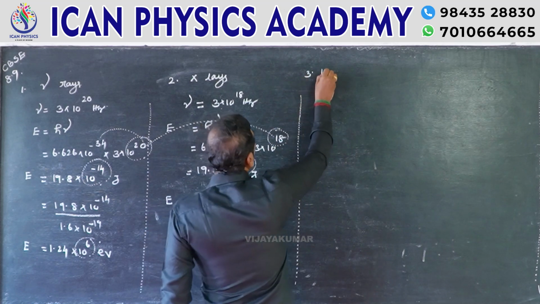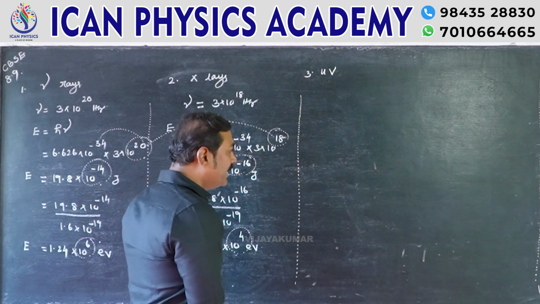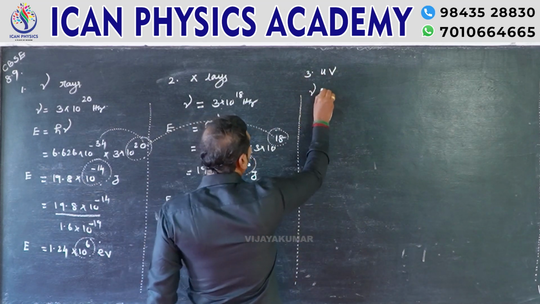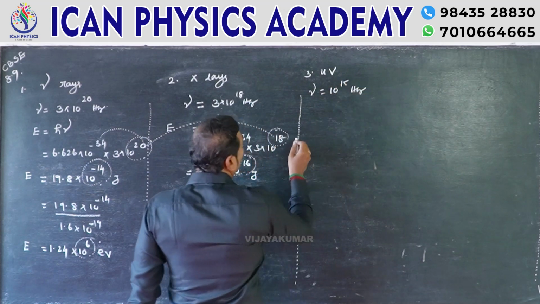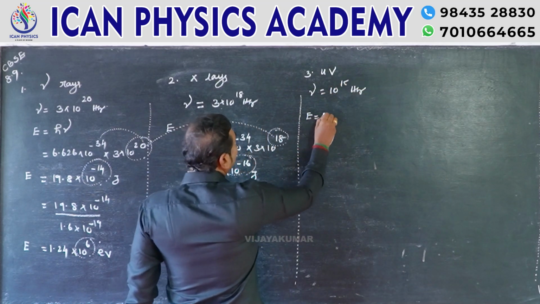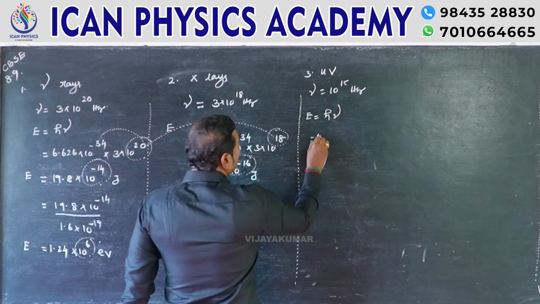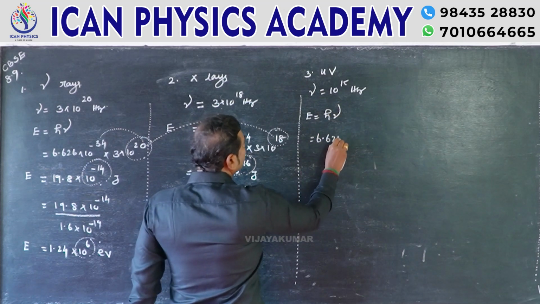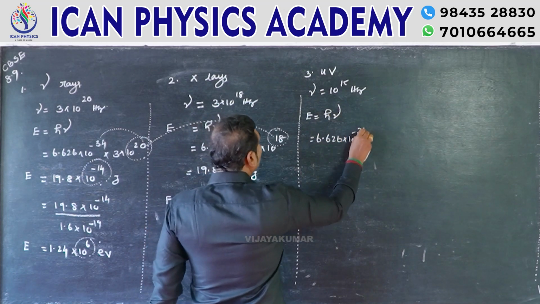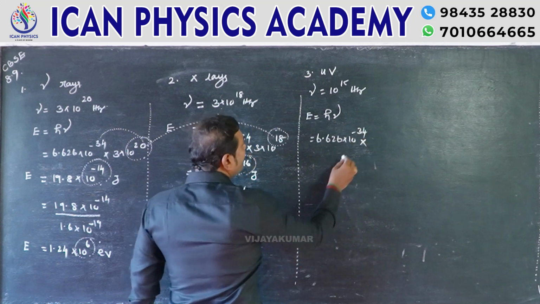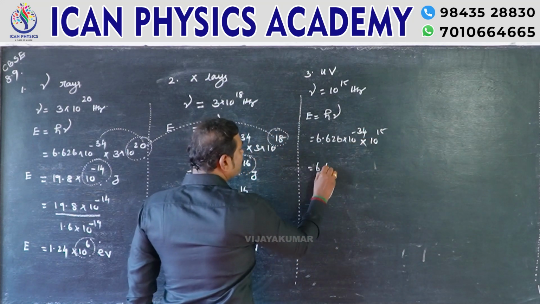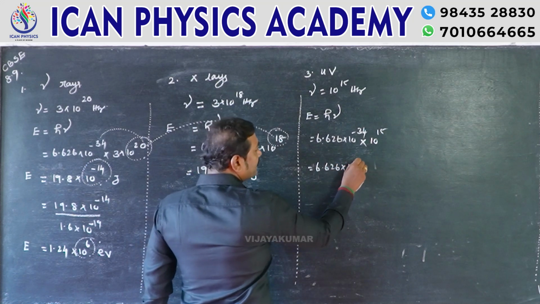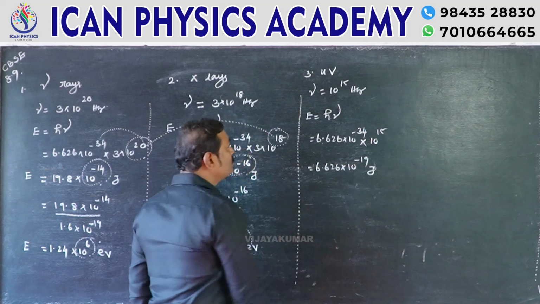It is UV rays. The frequency of UV rays is 10 to the power 15 hertz. Okay. So E equal to h mu. So what is the value of h? 6.626 into 10 to the power minus 34 into frequency 10 to the power 15. So 6.626 into 10 to the power minus 19 joule.